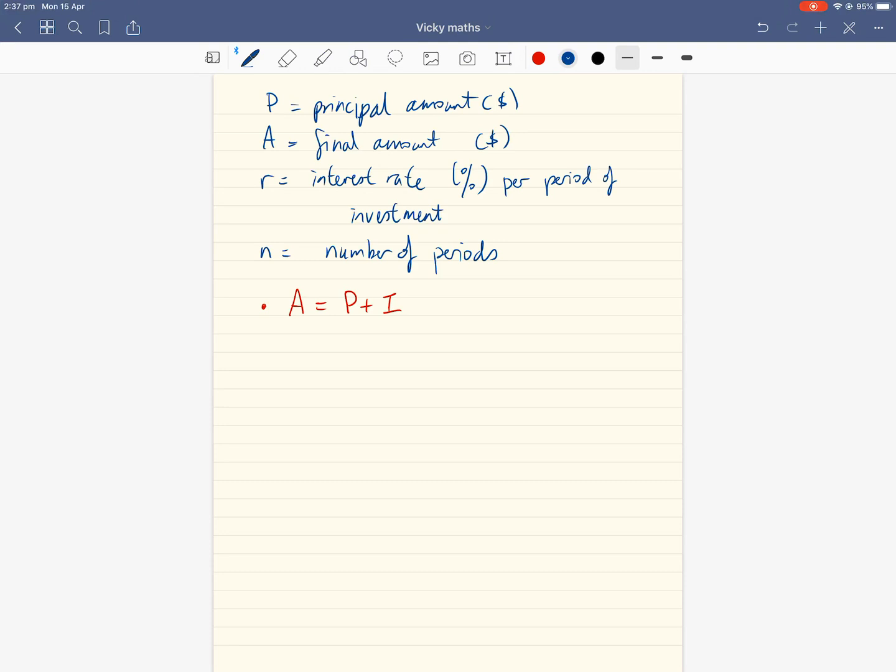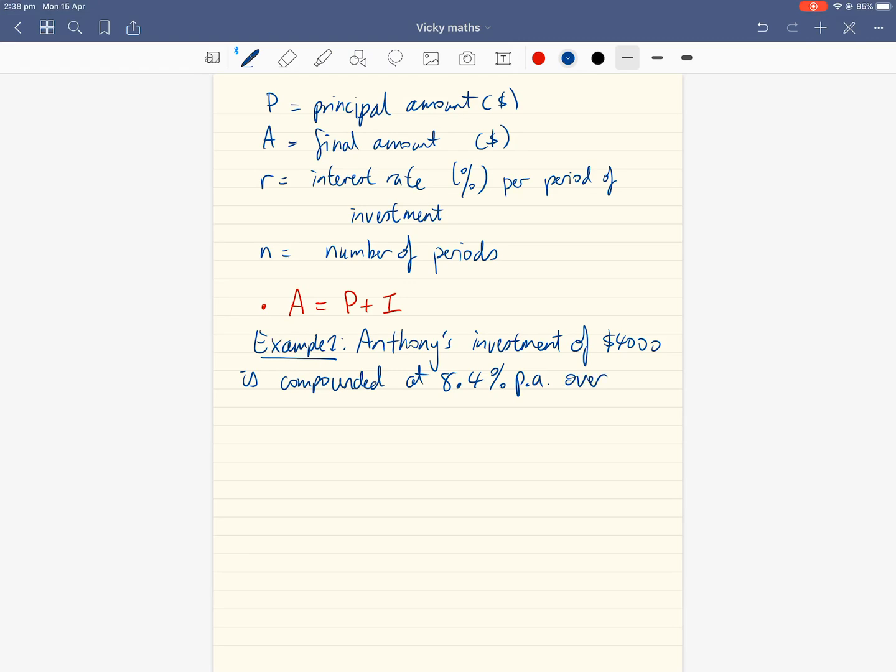So let's do an example. Example 1. Anthony's investment of $4,000 is compounded at 8.4% per annum over 5 years.